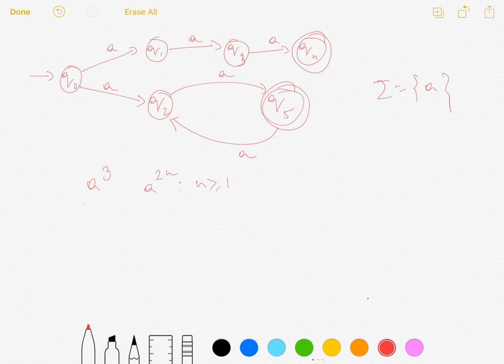So, 3A as well as an even number of A is taking me to the final state. So, both are part of this language. So, can I write A^3 union A^(2n) as the language for this machine? Hope you understand how we have derived the language out of this NFA.